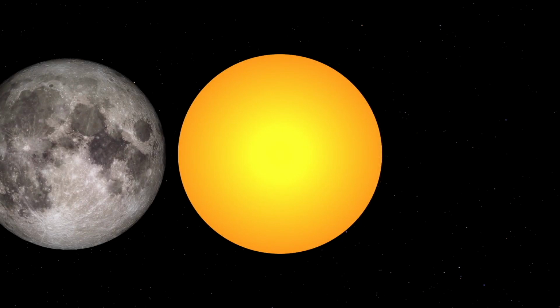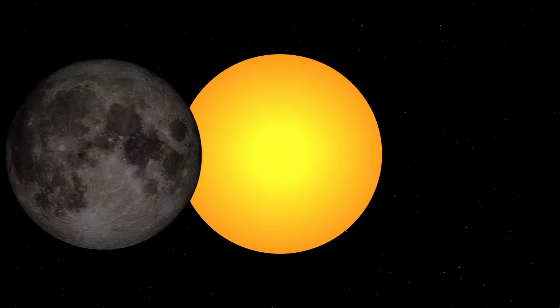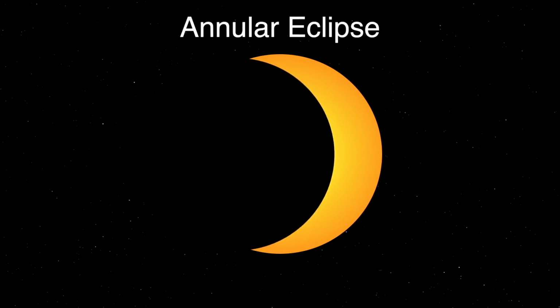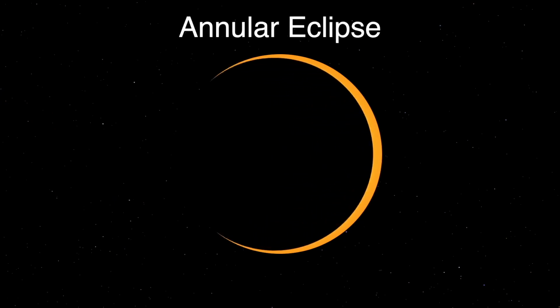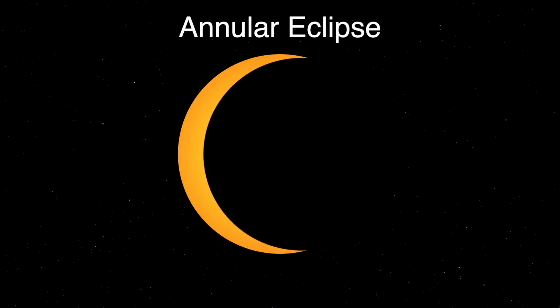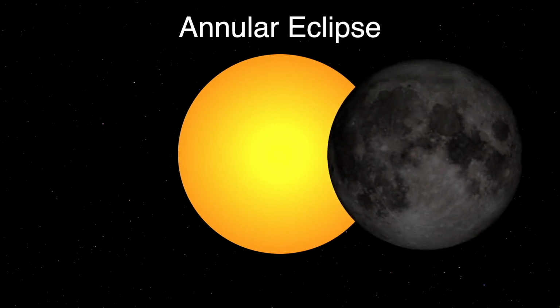Also, if the Earth is near perihelion, so the Sun looks larger, you won't get a total solar eclipse. The moon won't be able to completely cover the Sun, and we'd see an annular eclipse. The word annular comes from the Latin annularis, or ring-shaped.